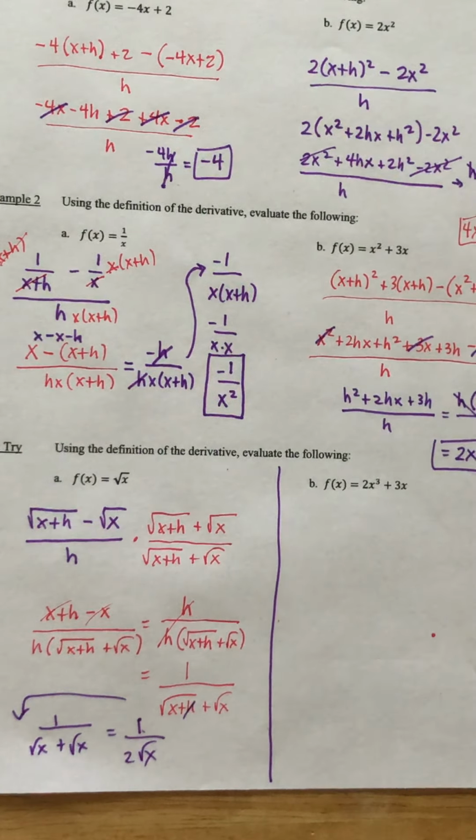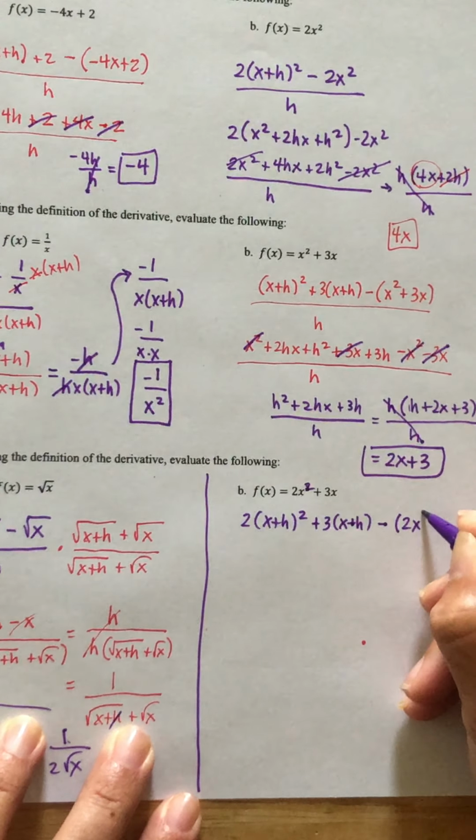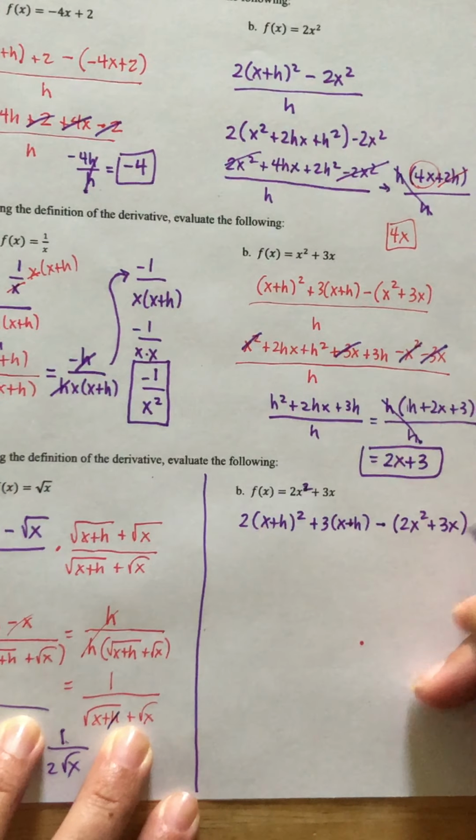All right, so we're going to take our 2x squared and replace it with x plus h. So we have 2 times (x plus h) squared plus 3 times (x plus h), and then we're going to subtract out our original, 2x squared plus 3x, all over h. Hopefully you watched the movie.